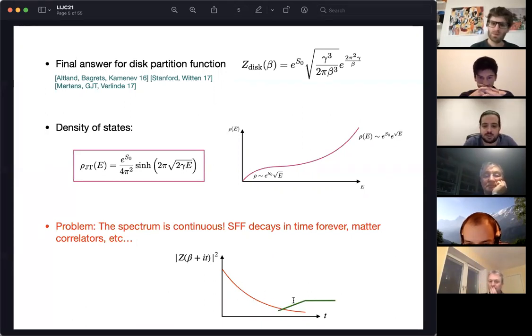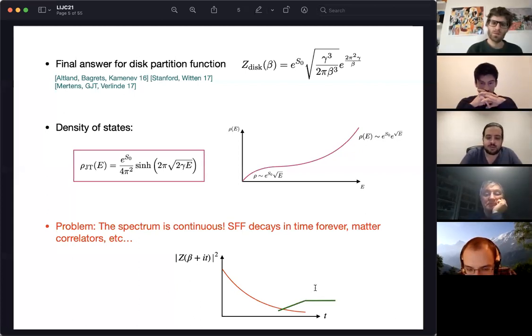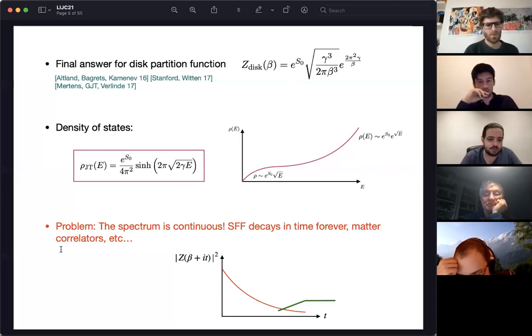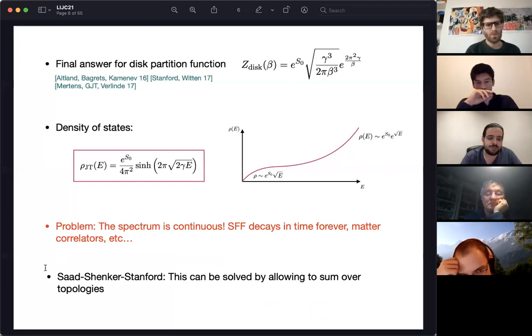At some point there should be something going on, and there should be fluctuations of the size exponentially small in the entropy, but finite. So even though this system can be exactly solved, it has some issues that we would like to resolve. And the proposal of Saad, Shenker and Stanford is to sum over topologies, and we will see how this resolves some aspects of this problem.